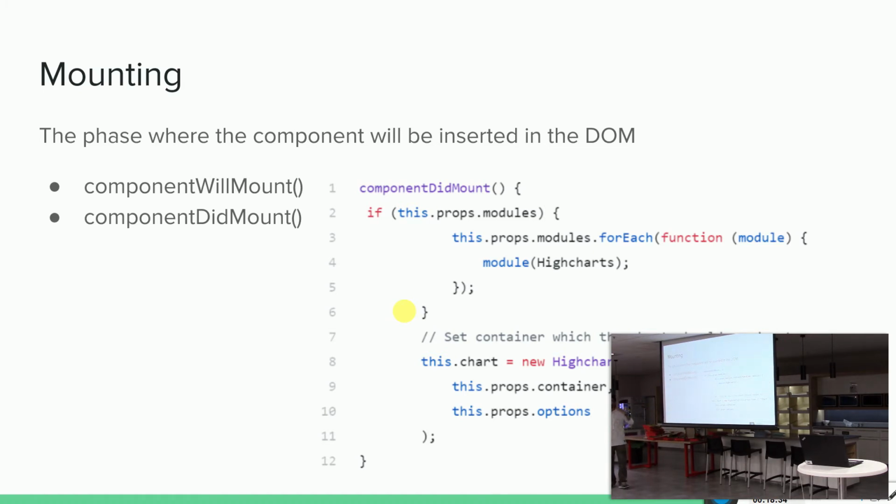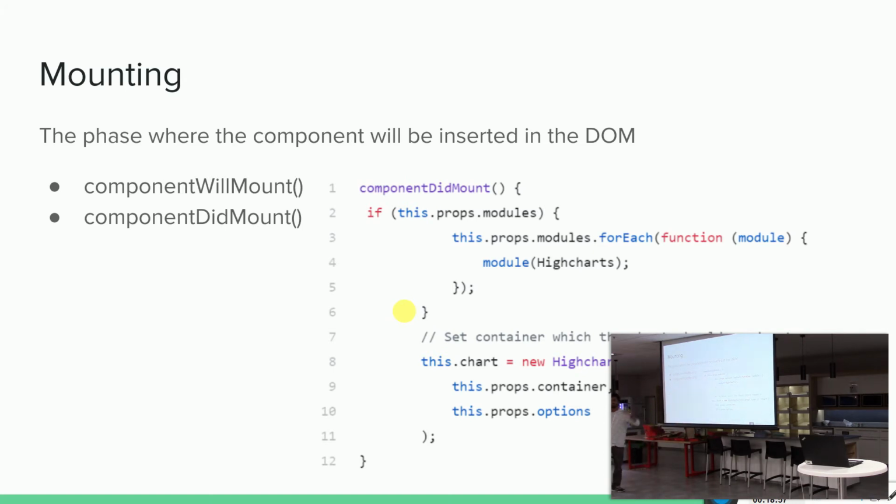Is there any action you want to do before mounting? That happens here. And after the component has been mounted, yes, componentDidMount. Are you getting my point? Am I able to explain? Yes. Nice, cool.